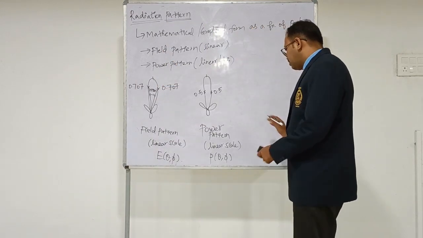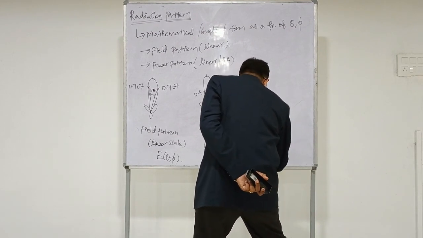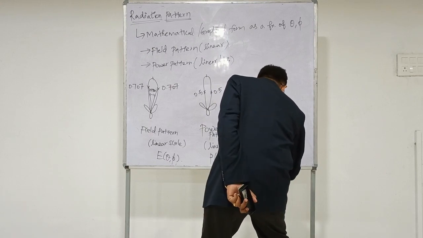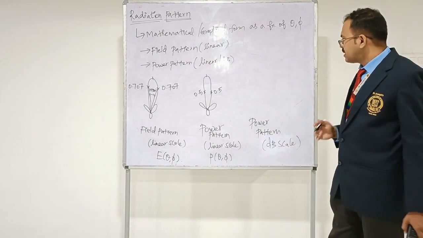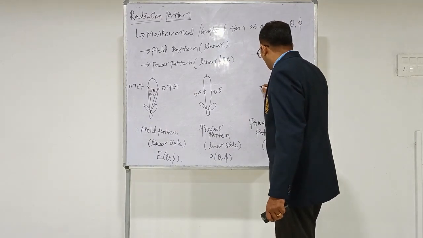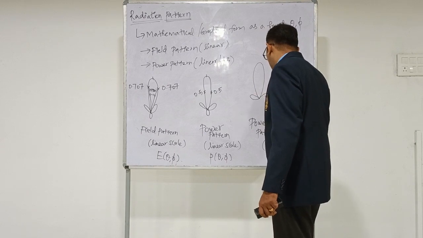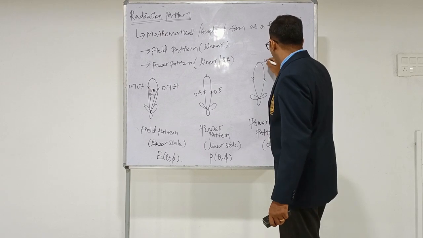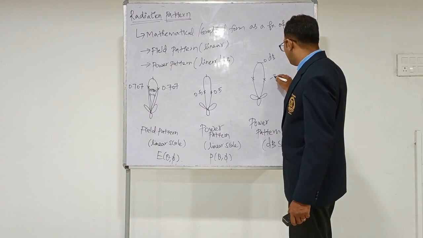Once you go towards dB scale, normalized power pattern on a dB scale, the reference value now becomes 0 dB. So 3 dB lesser than this will be minus 3 dB.